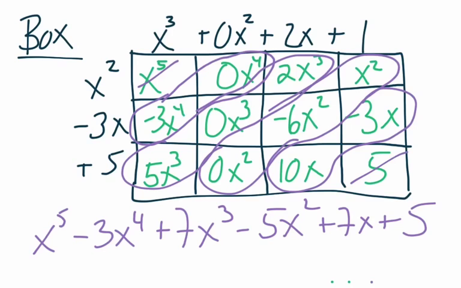So this strategy has a couple of advantages. One, it's very graphical. It gets very visual, and it doesn't involve your eye tracking quite as much as the distribution does. It keeps all of the terms ordered in a logical way.